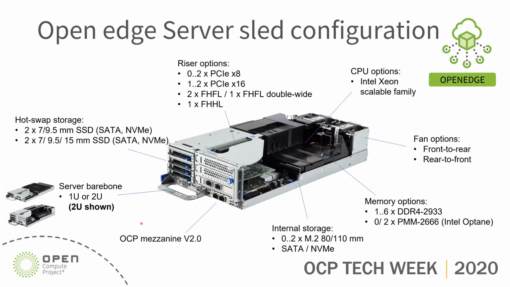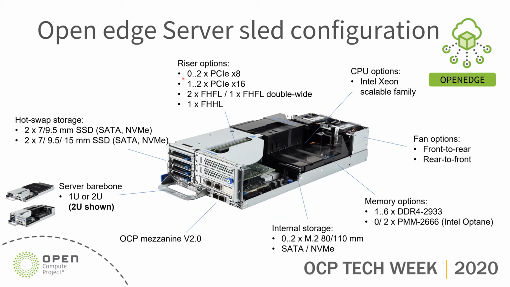And this slide is showing what different options we can provide for the server level. This picture shows the 2U server, but similar options are also available for the 1U server, except for certain high power acceleration options that we can support with the 2U sled.